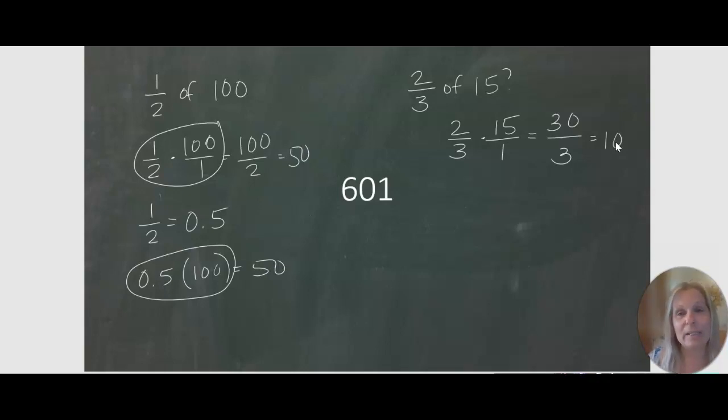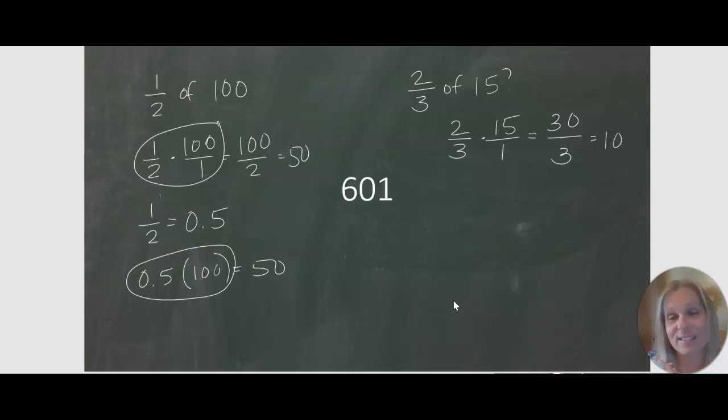So it's a little bit neater to just leave it in fraction form instead of converting it to a repeating decimal and then getting something that we have to round, right? So when we want to find a fraction of something, we use either the fraction or decimal form of that number and multiply. Now in circle graphs, we're always going to be finding the fraction of a full circle.